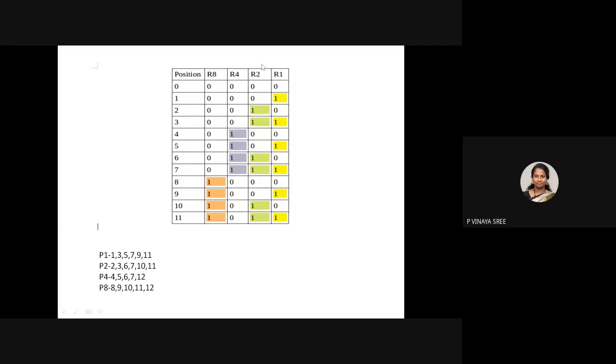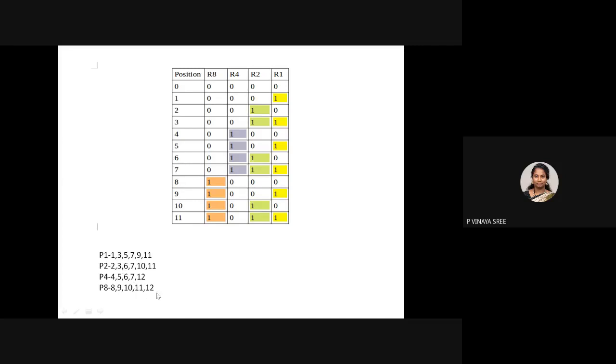Why? Because for P2 we have to consider these values. Wherever there is a 1, you take the corresponding position number. So here it is 2, for this it is 3, for this 6, next 7, next 10, 11. Like that you consider P4 as well as P8, so that we get these values.